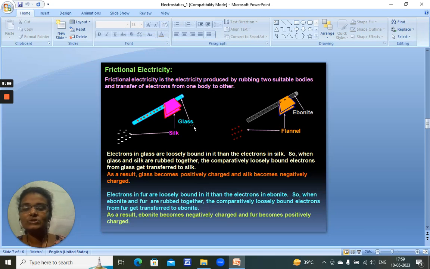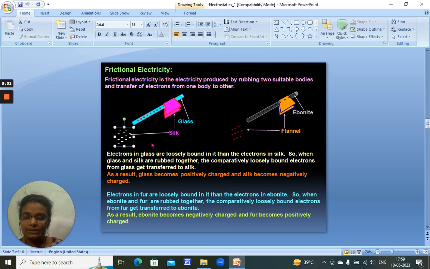They are just opposite to each other. How are they opposite? If you look closely, when the 2 objects or substances are rubbed with each other, the electrons, as you can see here in the glass, get transferred to the silk cloth. If a substance becomes deficient in electrons, we show it by the positive sign.